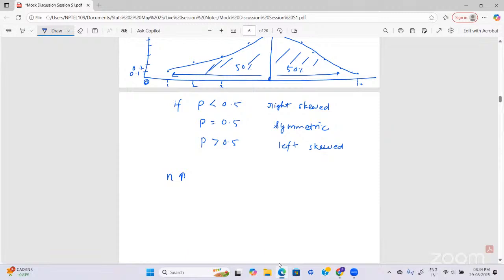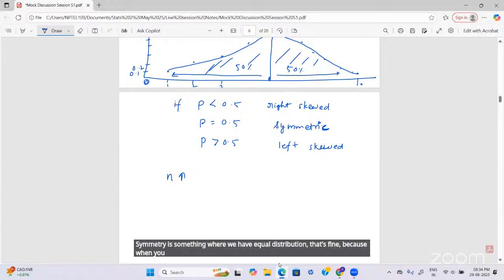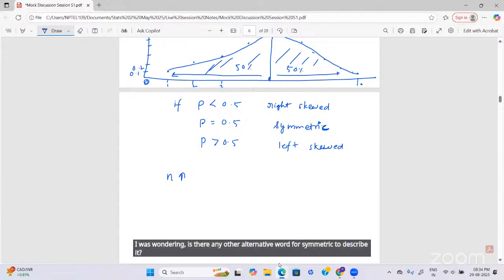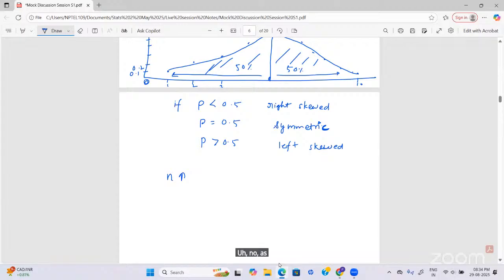Yeah, it is symmetric. Do you want a synonym for symmetric? Yeah, symmetry is something where we have equal distribution. No, as of now, I don't have any other word. These are the standard terms that we use in statistics.